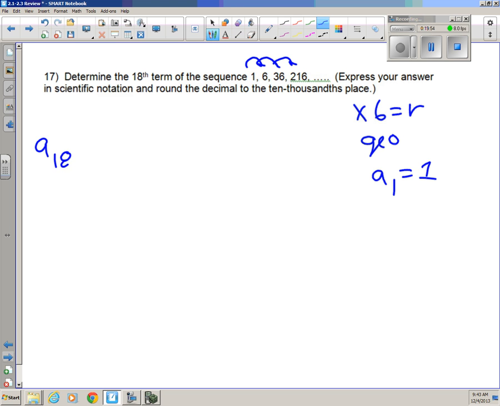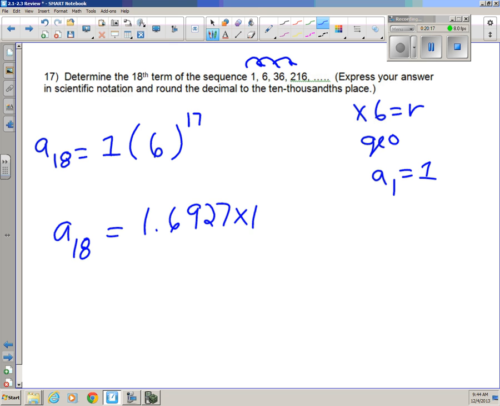So the 18th term is the first term times the common ratio of 6, and I need 17 more of those, one less than the 18th term. So this then becomes, and you can do this on your calculator, but if you round this out, the 18th term rounded is 1.6927, whose exponent of 10 is 13.